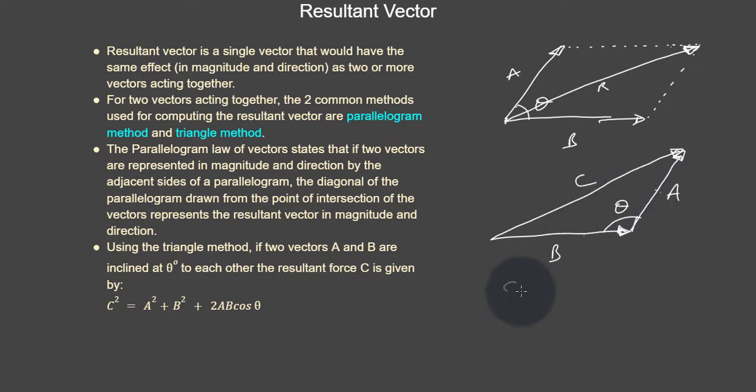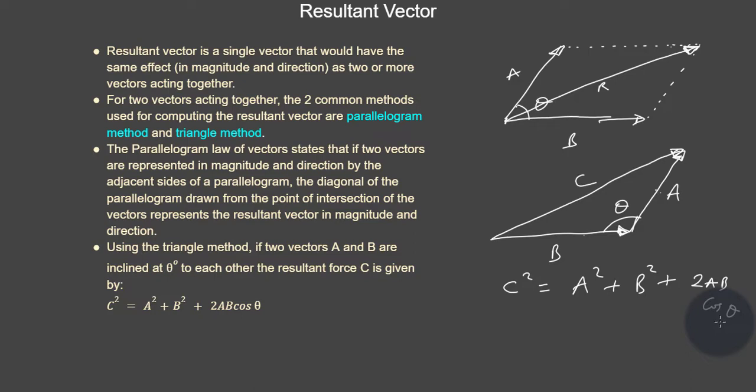That is C raised to power 2 equals A raised to power 2 plus B raised to power 2 plus 2AB cos theta. So this is basically how you calculate the resultant vector when you have two vectors acting together.